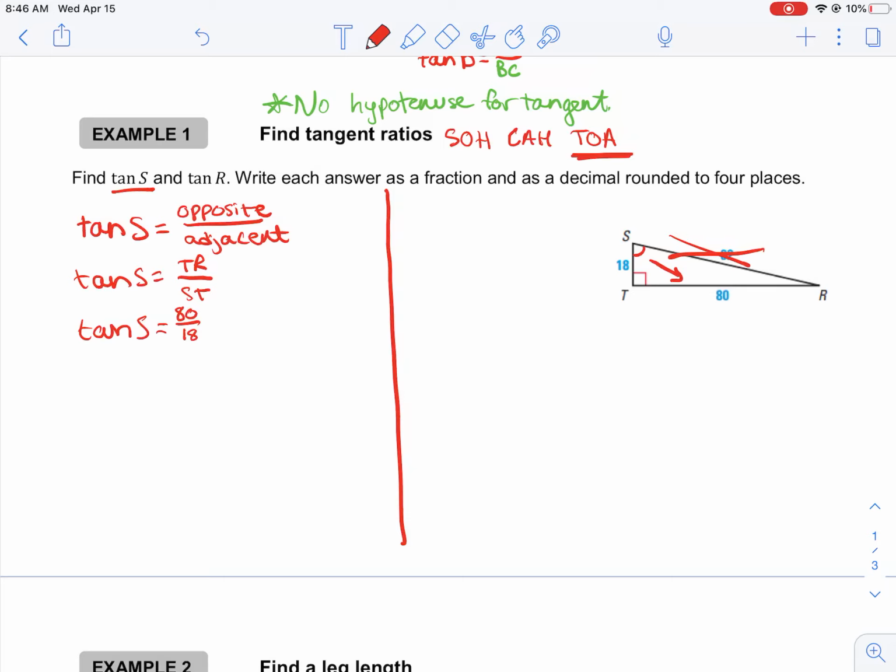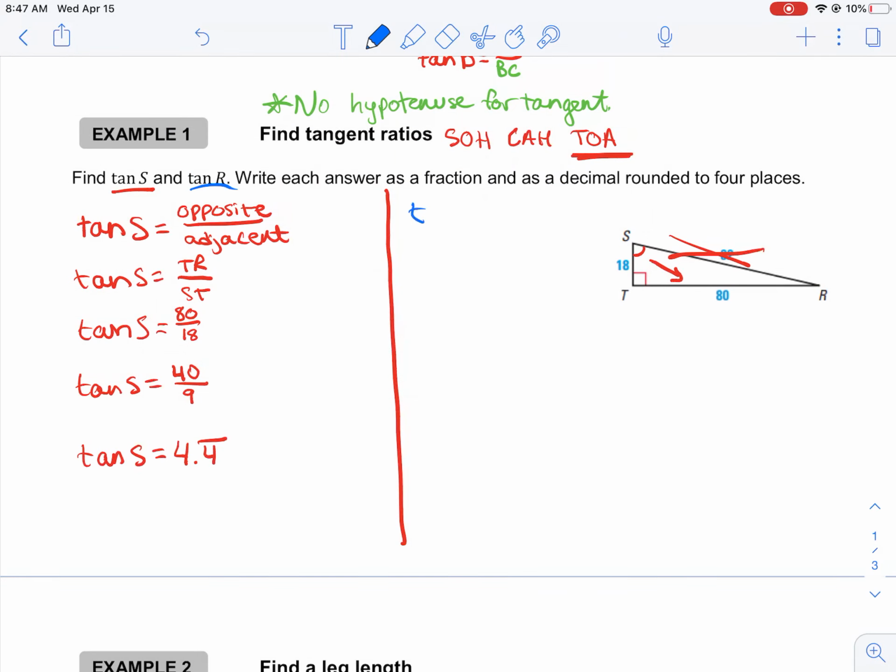Remember, this is a decimal and a fraction reduced. So if we write this as a reduced fraction, both are divisible by 2, so it would be 40 over 9. Or, if we put it as a decimal, tangent of S equals 4.4 repeating. Okay, so that's our tangent of S.